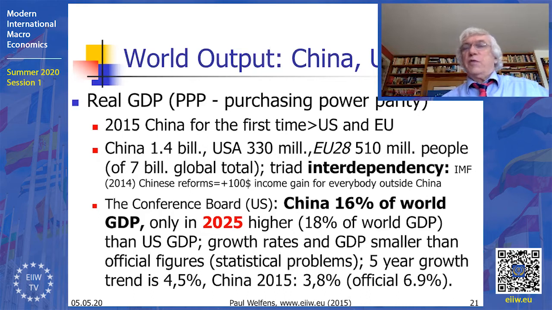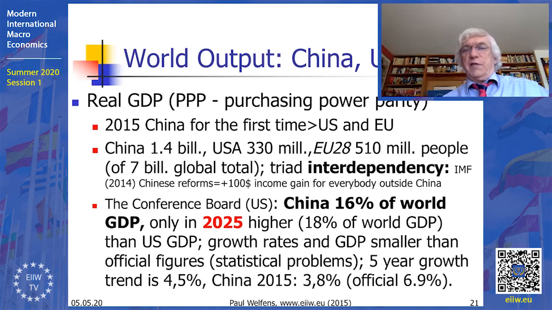Okay, the Conference Board is a bit skeptical about some of the Chinese official statistics. It says China does have 16% of the world economy, and only in 2025 its share will be higher than that of the US GDP.